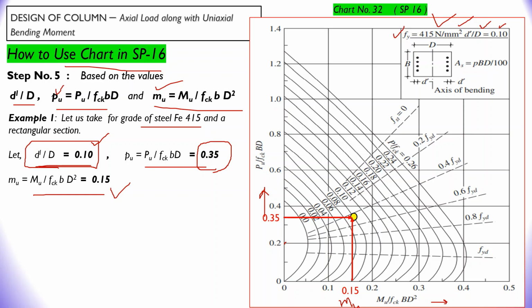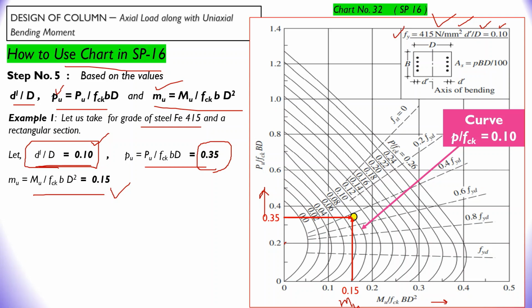Somewhere they will intersect, and this yellow point indicates that they intersect here. If the intersection point where they meet is lying on a curve, then that point will be important for us because it will give us information. These two lines, one vertical and one horizontal, passing through the required mu and pu values, intersect here and that point is lying on this curve.